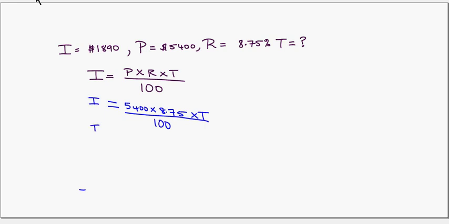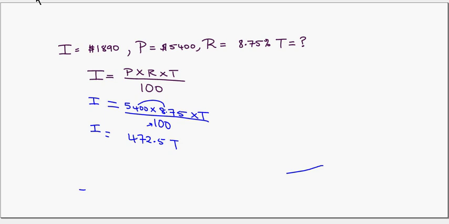So if we work out the 5,400 by the 8.75 and then divide that answer by 100, you should get a figure of 472.5. So you multiply these two, divide that answer by 100, you'll get 472.5, but you still have to multiply it by T.